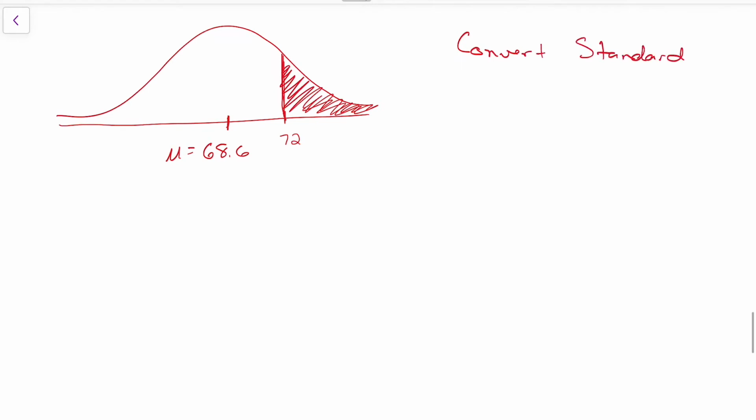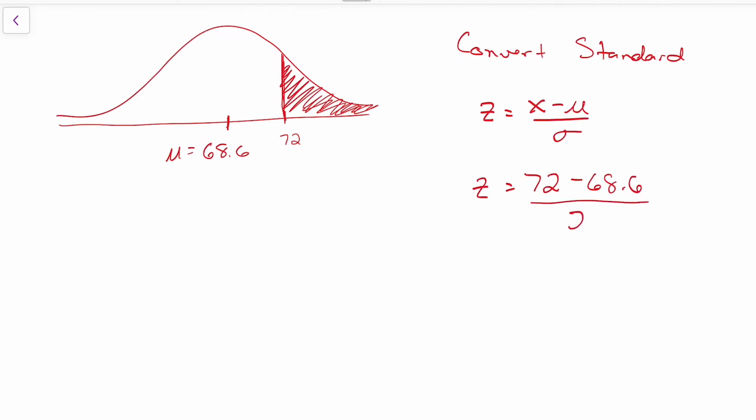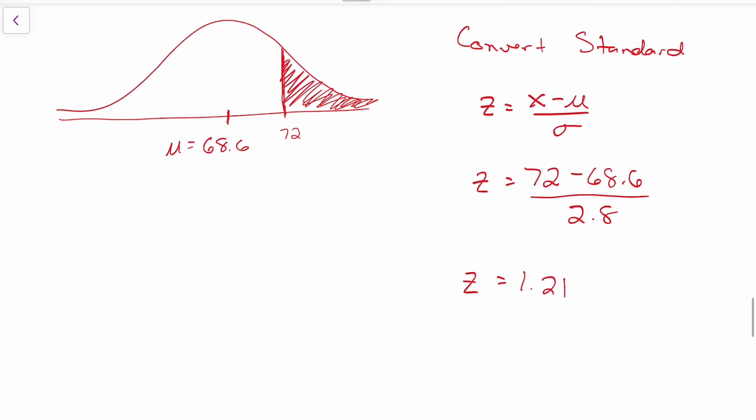So to do that, we need our z-score formula of x minus mu over sigma. So our z-score is going to be our data point of 72 minus our mean of 68.6 divided by our standard deviation, which was 2.8. If I compute that and round to 2 decimal places, I'll get a z-score of 1.21.